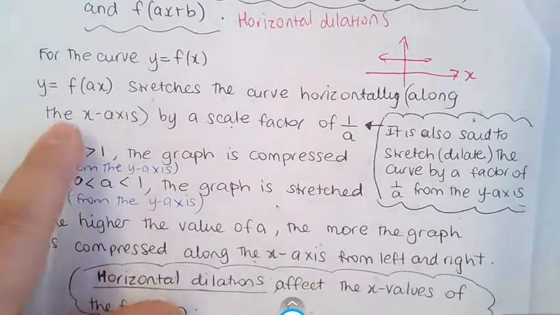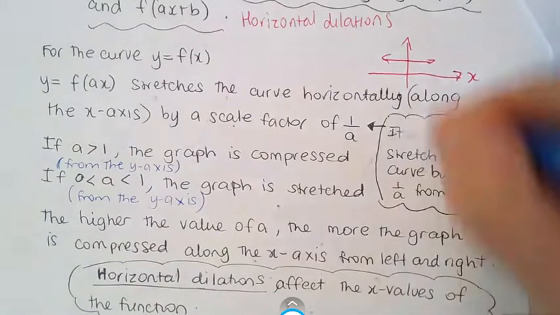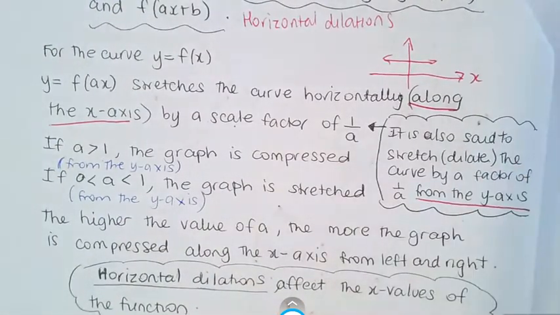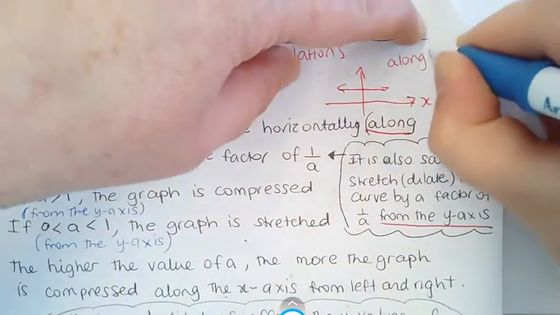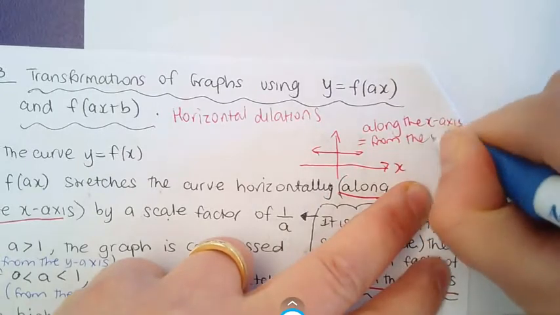So remember, along the x is the same as from the y. You got it? Along the x-axis is the same as saying from the y-axis. So you need to write that. If you say along the x-axis, it's the same as saying from the y-axis.